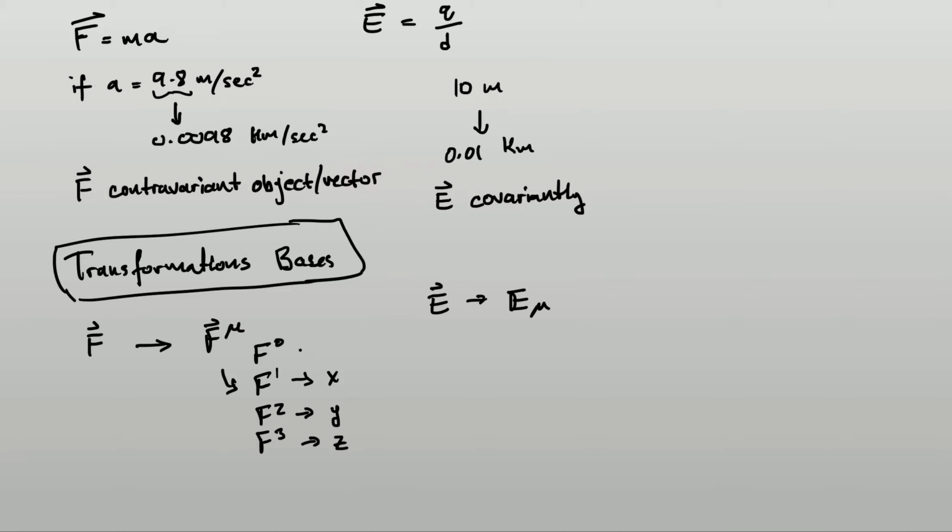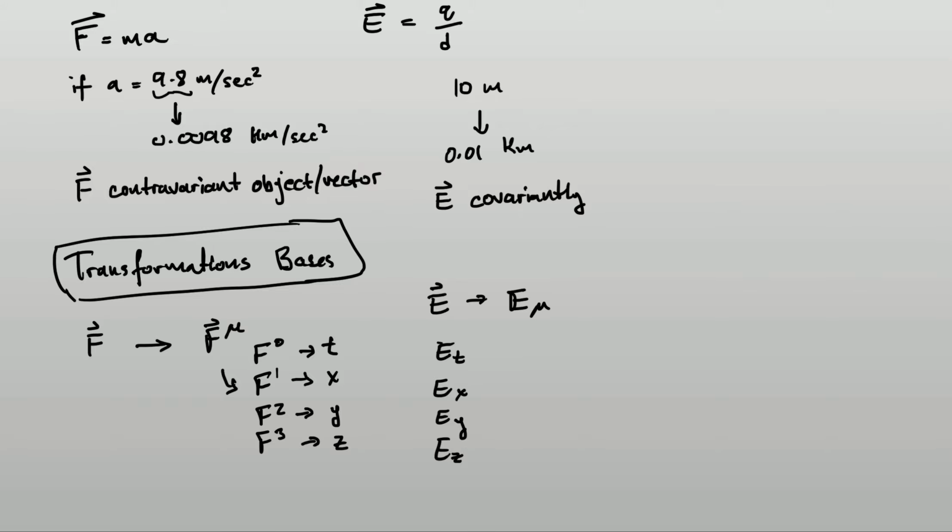And in general relativity, we're often also interested in the time axis, right? Similarly here, E bottom mu can be translated as the component of the electric field in the time dimension, the component of the electric field in the x direction, component of the electric field in the y direction, and component of the electric field in the z direction, right?